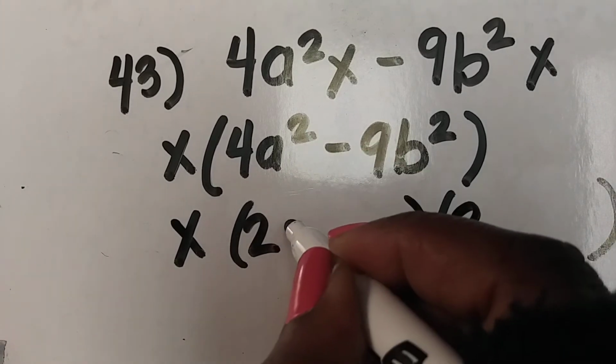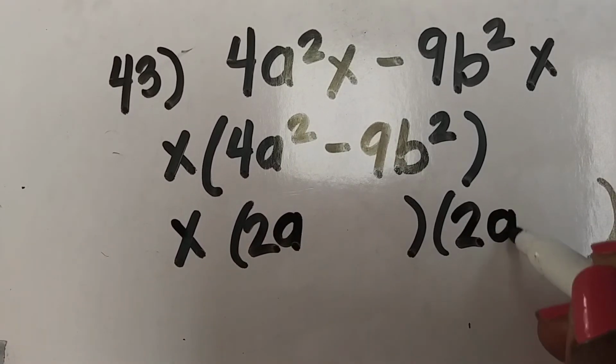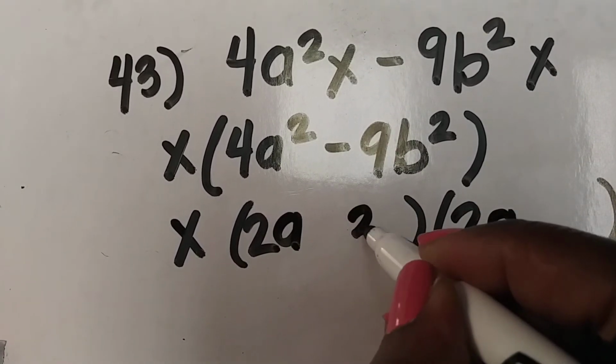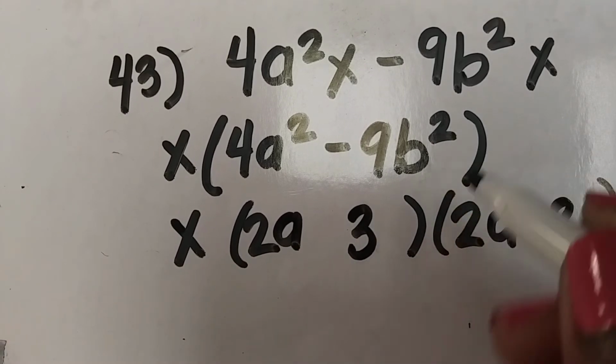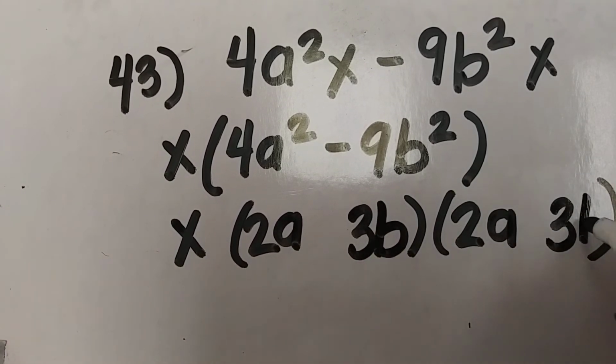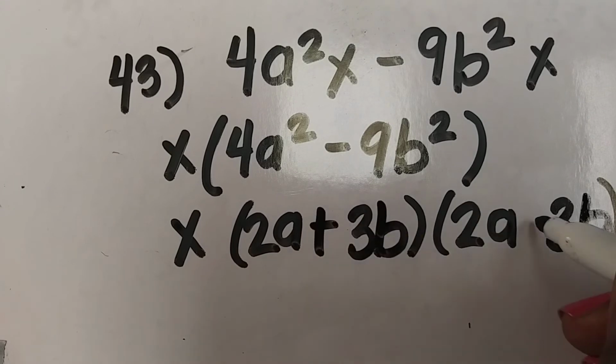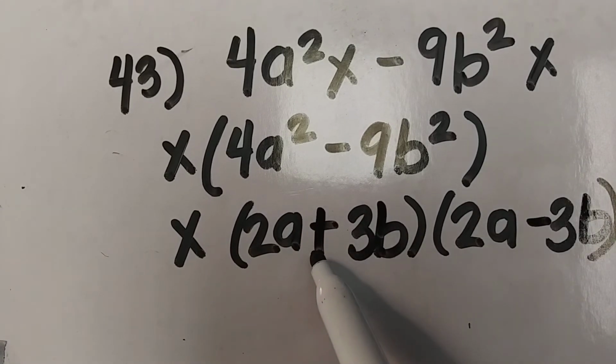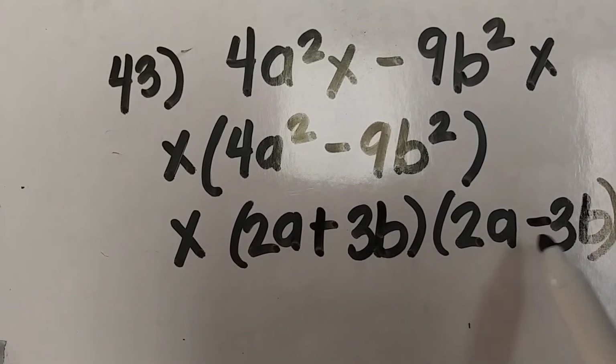Square root of a to the second is a. Square root of 9 is 3. Square root of b to the second is just b. And the signs will be opposites of each other. Again, the order doesn't matter. It can be plus, minus, or minus, plus. It doesn't matter. Just make sure they're different. When you're dealing with the conjugates, make sure they're different signs.